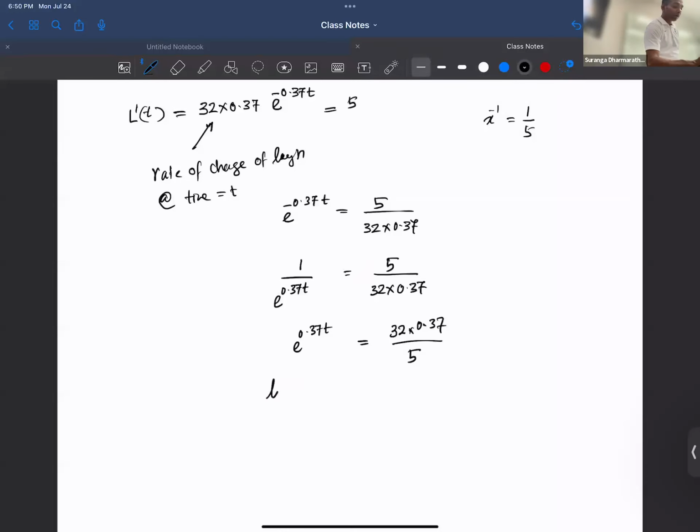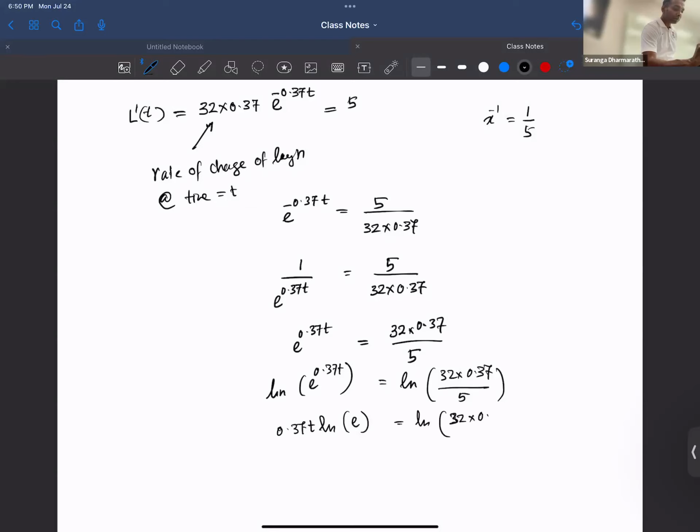But if you take natural log with them, right? Then what is this one? 0.37t natural log of e equals natural log of 32 times 0.375.